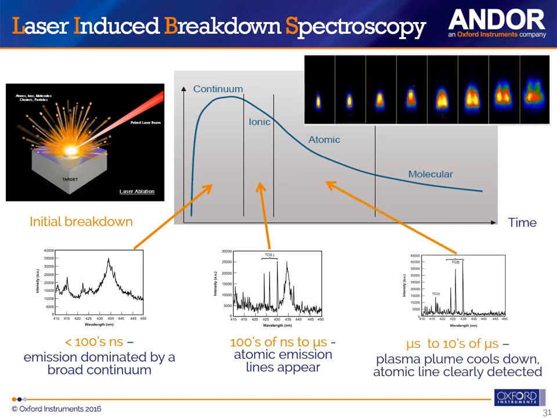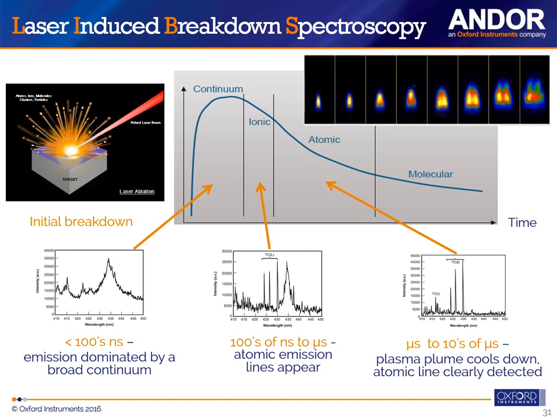And if you continue in time, you are then past the broad continuum phase of the plasma, and you are in a relaxation period of the plasma, a cooling down period, and that gives you the useful atomic information.